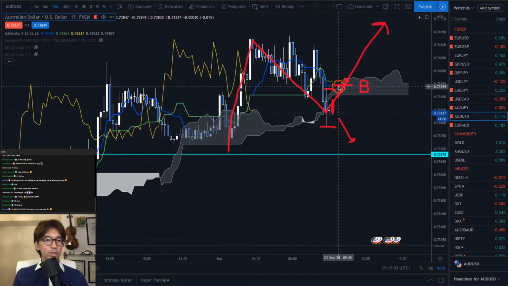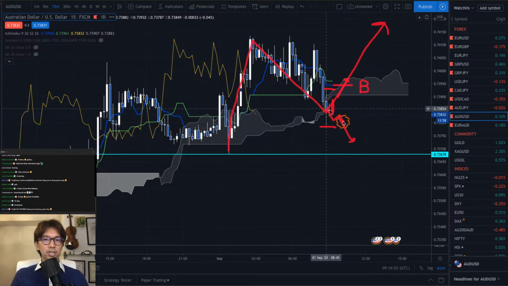If buyers win, then we can just follow that. But if sellers win on this smaller time frame, then the price may continue to go down and break the recent low downwards this way.